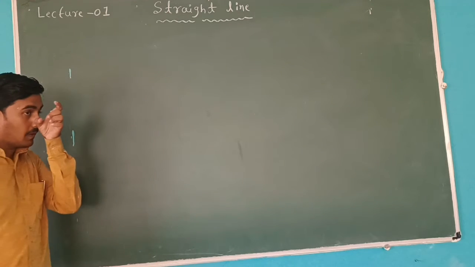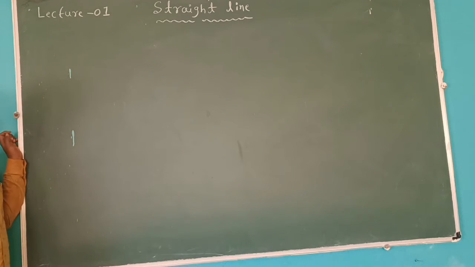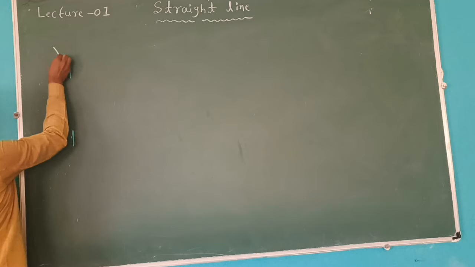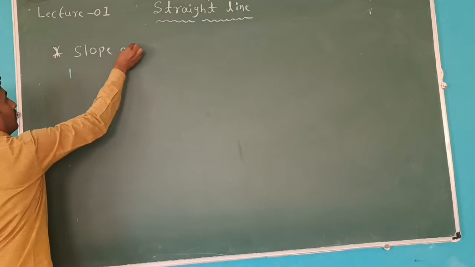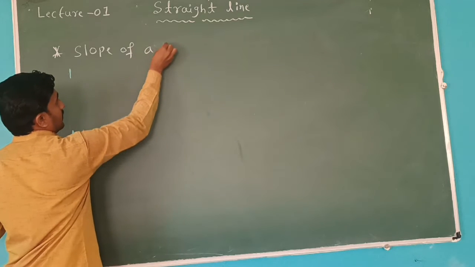The next concept of this chapter is slope of a line. What is the slope of a line?